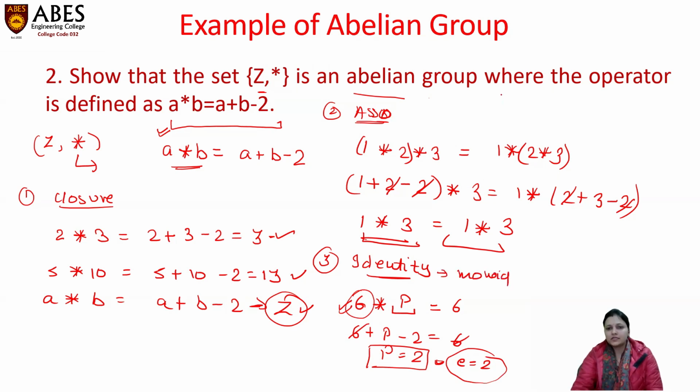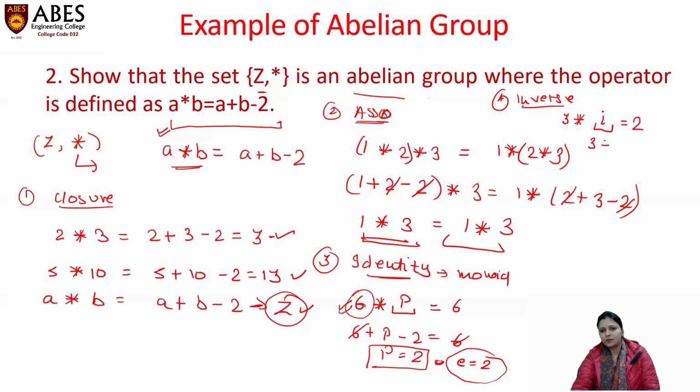Then the fourth property is inverse. The method to calculate inverse is to consider any integer, let it be 3. We apply the operator. Consider the inverse as I, and we will get the identity element.